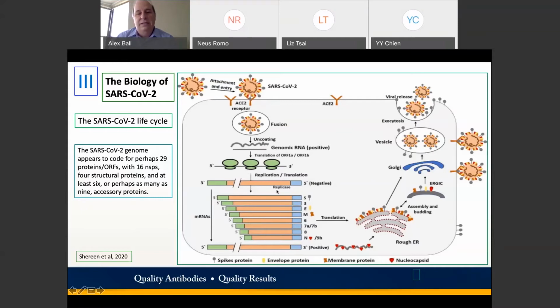Once that's in place, a negative sense strand is made for the generation of a series of nested subgenomic positive sense messenger RNAs that code for the structural proteins as well as the accessory proteins. In addition, of course, additional full-length positive sense genome is made for packaging. Translation occurs of all of the components. It's assembled in the rough ER and Golgi complex.